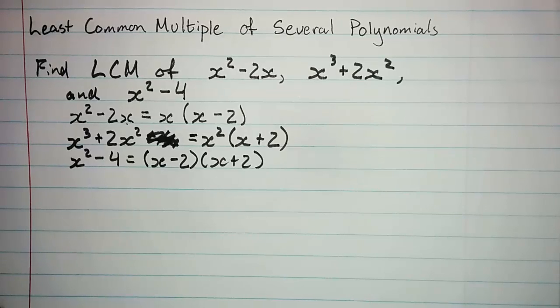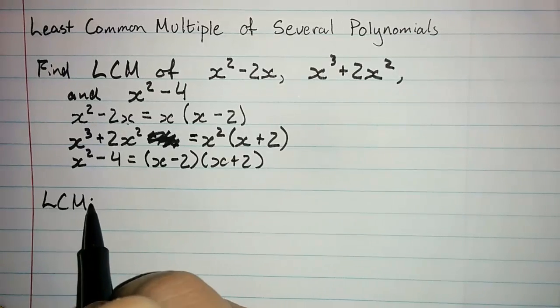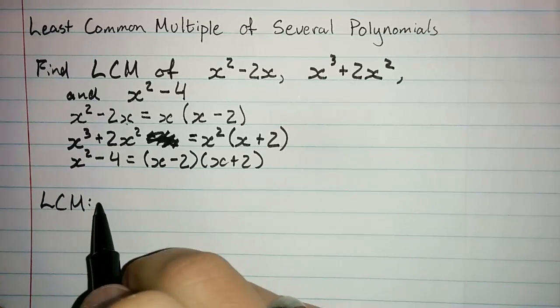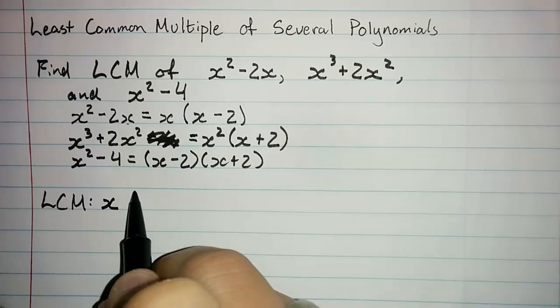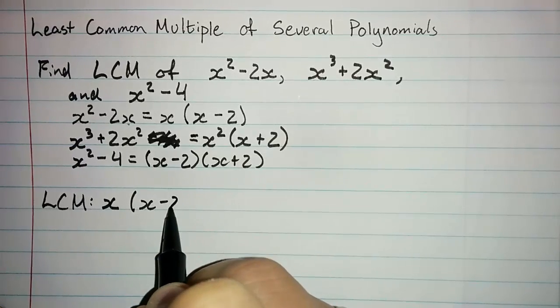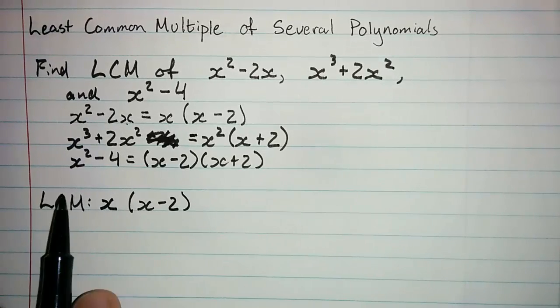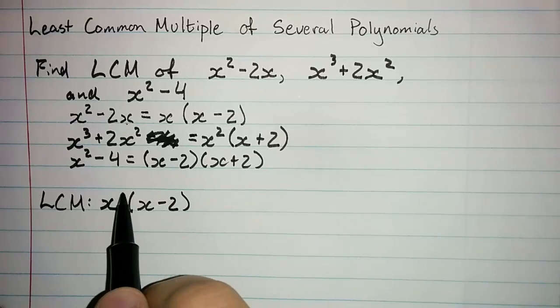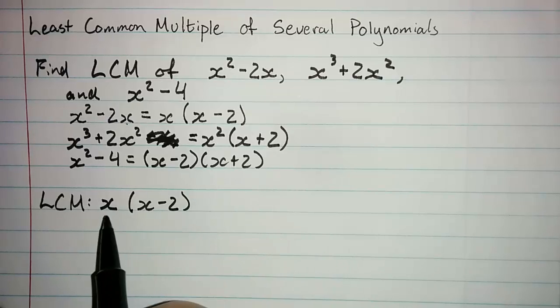I'm now ready to write down my least common multiple. To be a multiple of my first polynomial, my prime factorization needs an x and an x minus 2. To be a multiple of my second polynomial, my prime factorization needs an x squared.